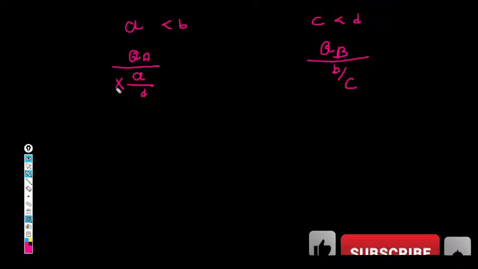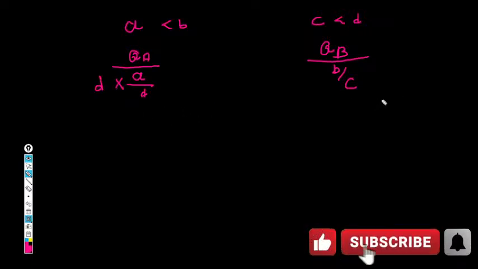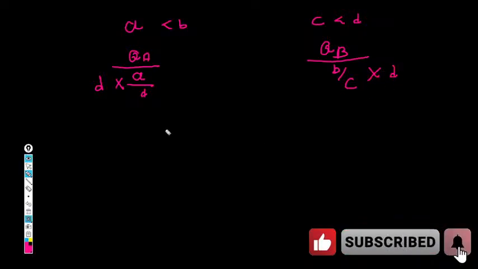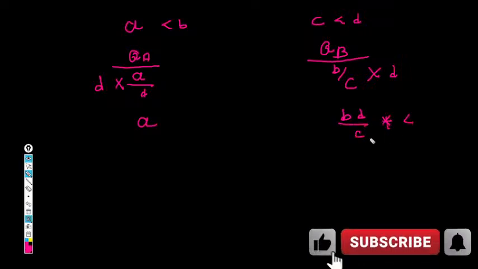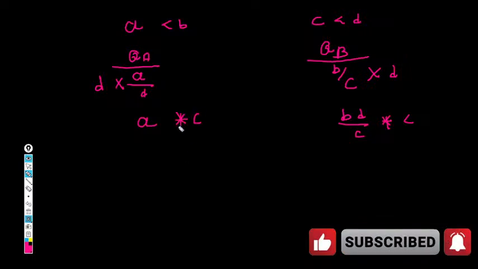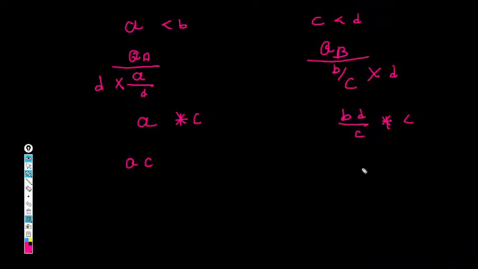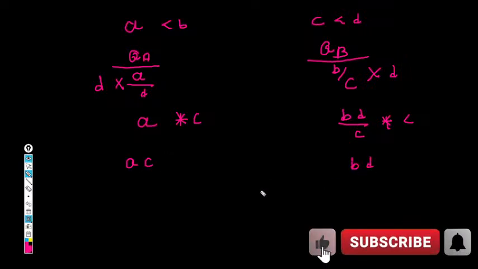What I will do is multiply with D on both sides. Now we have A into D by C. Second thing, I'll remove the denominator by multiplying with C again. So now one side we can see AC, other side we can see BD.